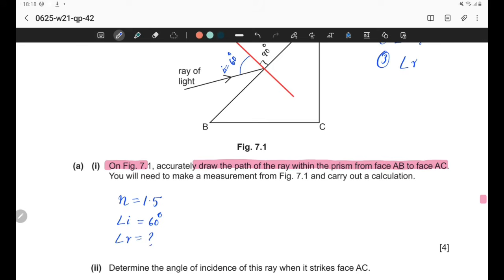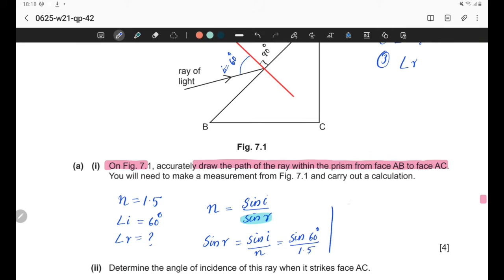So here we can use the equation. Refractive index is equal to sine of angle of incidence over sine of angle of refraction. So we can make sine of angle of refraction the subject. Then we will get sine R is sine I over n, where I is the angle of incidence, 60 degrees, over refractive index 1.5.